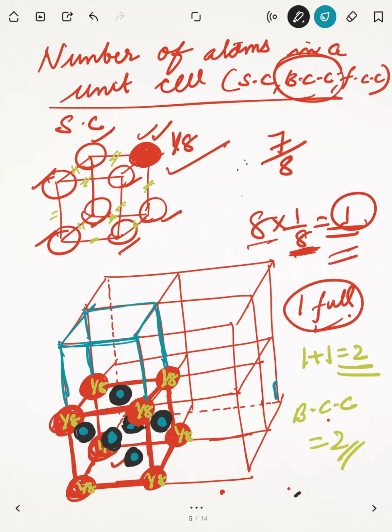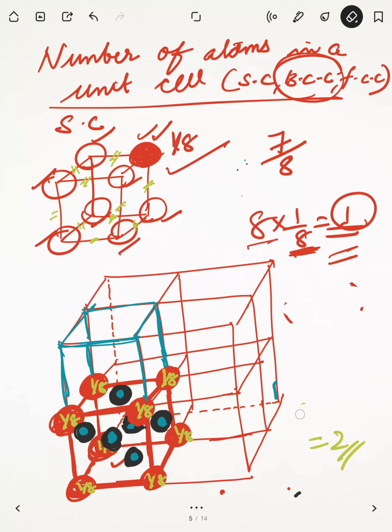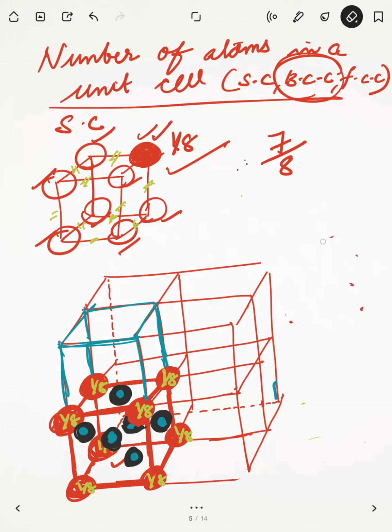How many halves are there? 6 halves are there. 6 halves means 6 into half, that is 3.